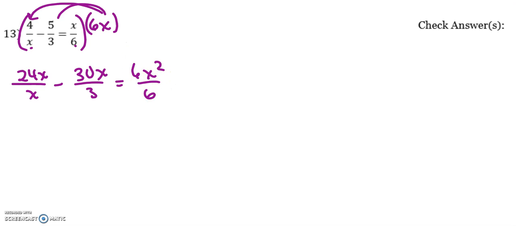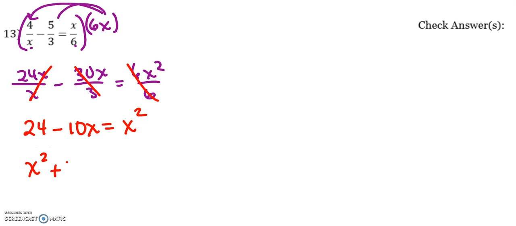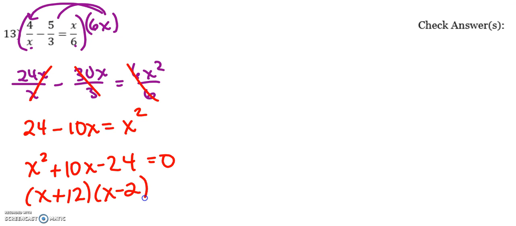And the purpose in multiplying by that denominator was that all of these things are going to simplify somehow. So 24 minus 10x equals x squared. Now I just have a quadratic. This one should factor pretty nicely. x plus 12, x minus 2, x equals -12, x equals 2.